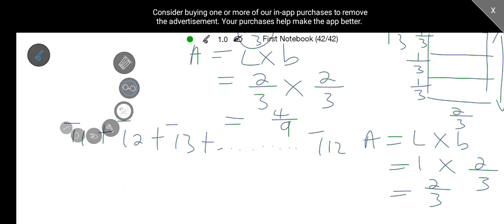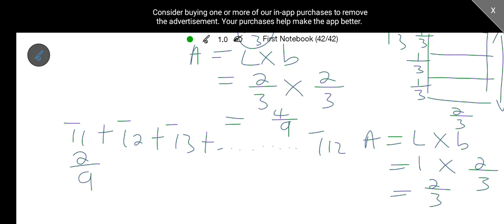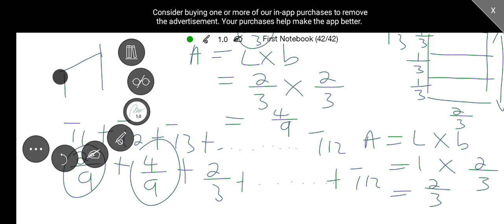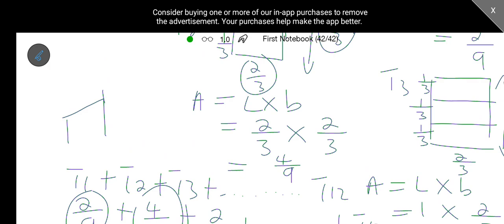So we're going to have 2 over 9 plus 4 over 9, which was term number 2, plus 2 over 3, and they add up until T12. Here, 2 over 9 is the area of the side of the first stair, looking at the right side only. Term number 2 is the area of the second stair. Remember that the second step will have this, just to illustrate it. On the side, we have something of this nature.